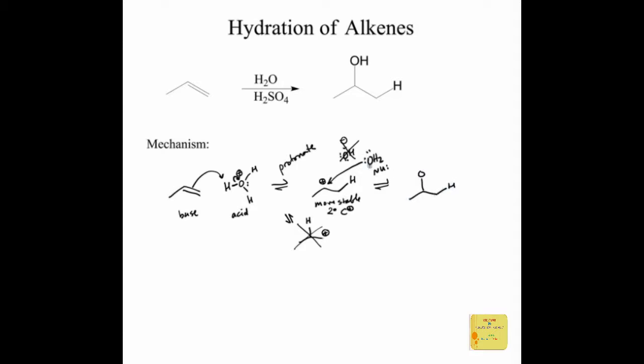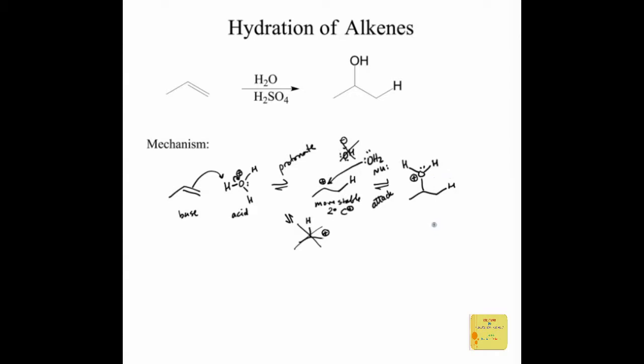Okay, so let's think about this oxygen now that has just attacked. It still has 2 hydrogens on it. What else does it have? It still has 1 lone pair and a positive charge. So we can call this second step attack of our nucleophile onto the carbocation. And we've added a group to each carbon, but we're not done yet because this oxygen has a positive charge. It's very unstable. We need to get rid of that positive charge.